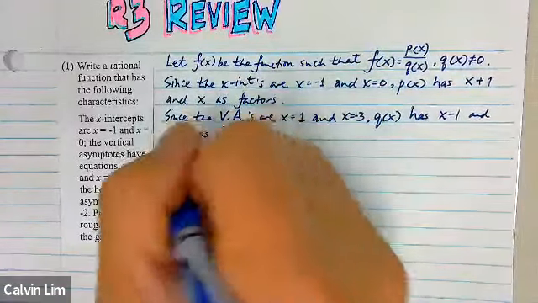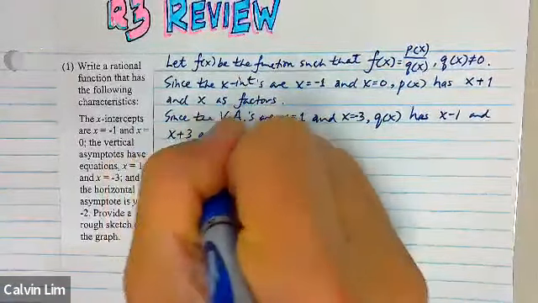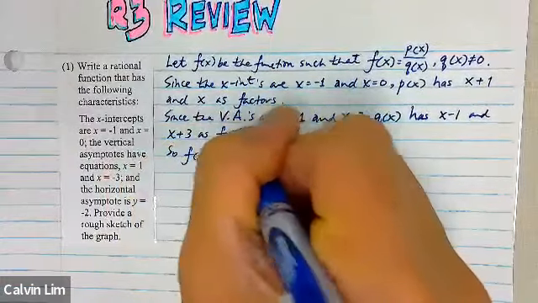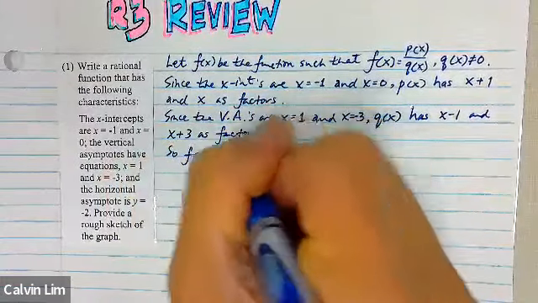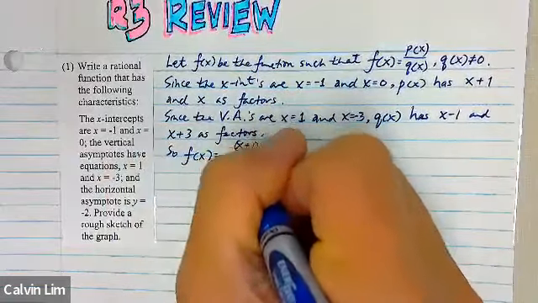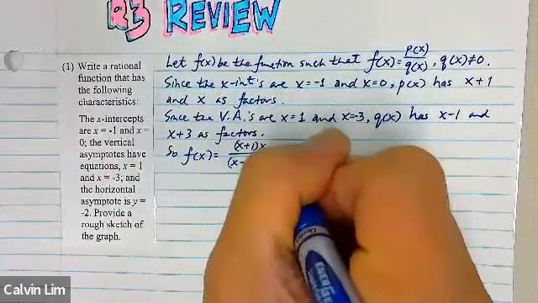That's it, right? So f of x equals x plus 1 times x over x minus 1, x plus 3, right?